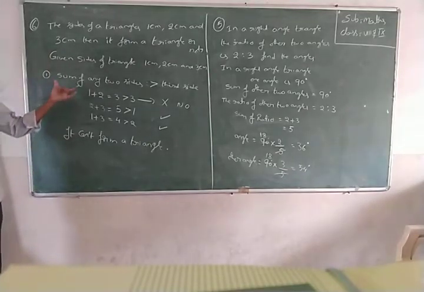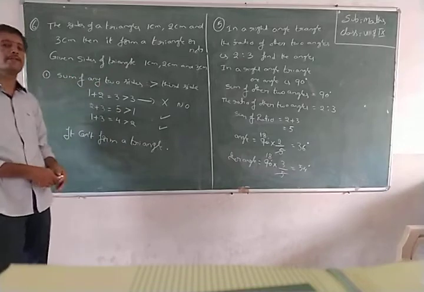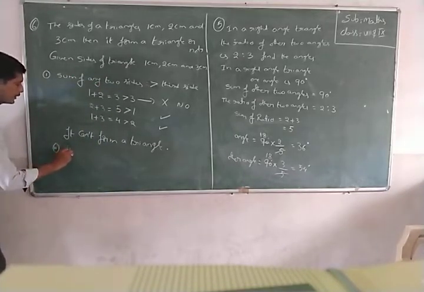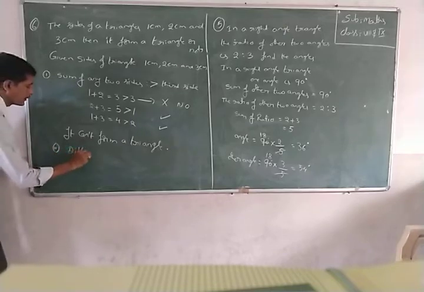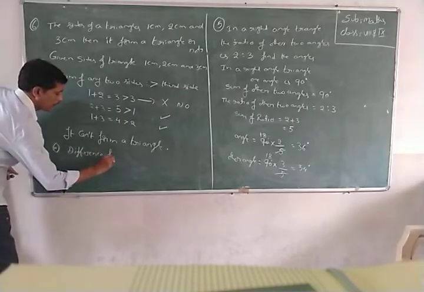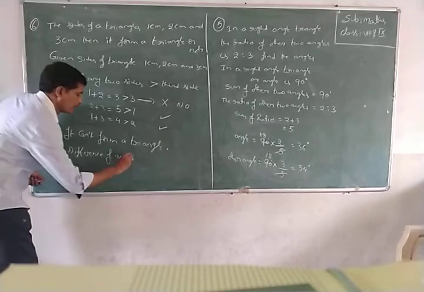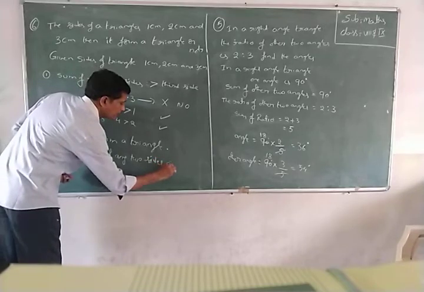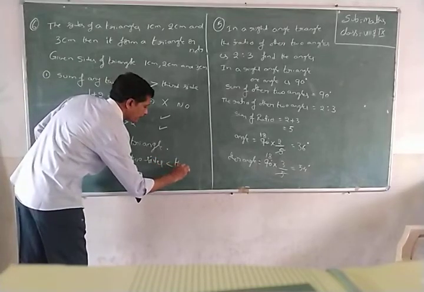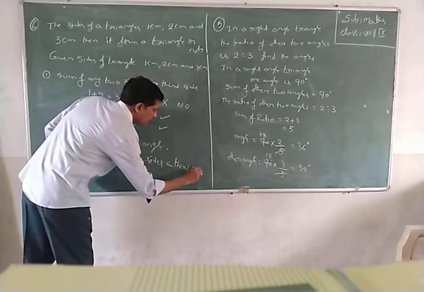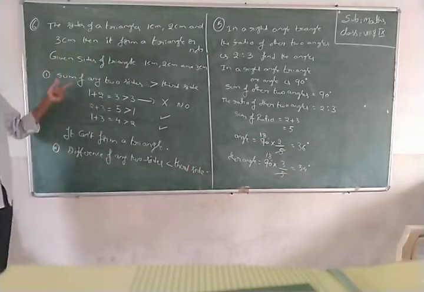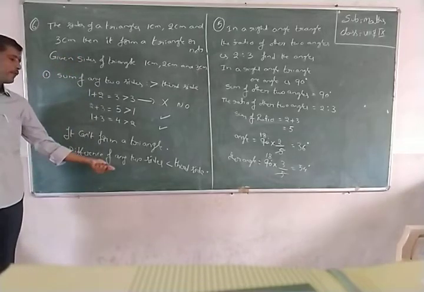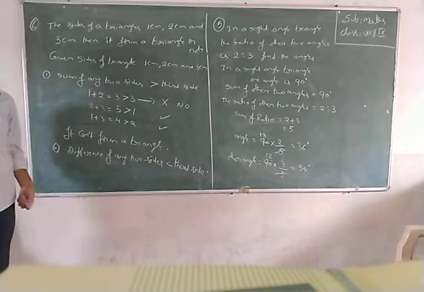Here the sum of any two sides must be greater than the third side. Next, check one more condition. The second condition is the difference: the difference of any two sides is less than the third side.